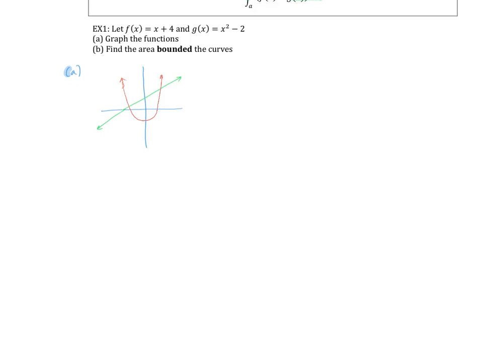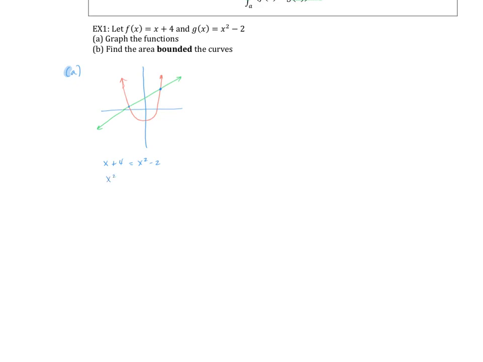So now we've graphed our functions. They're going to intersect at these 2 points. And it'd be really nice if I could figure out these points of intersection. So all I have to do is take my two functions, x plus 4, and set it equal to x squared minus 2. This turns out to be a quadratic equation. I'm going to set it equal to 0, and then factor.